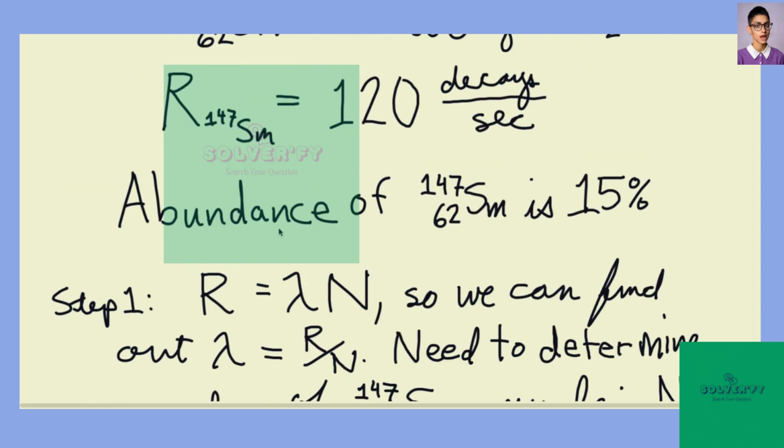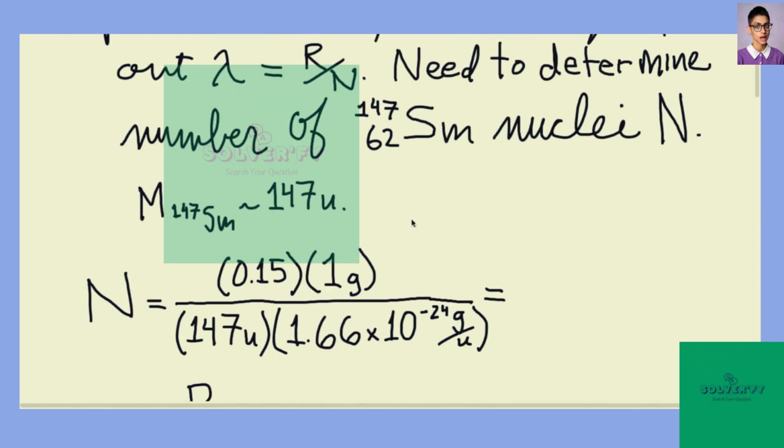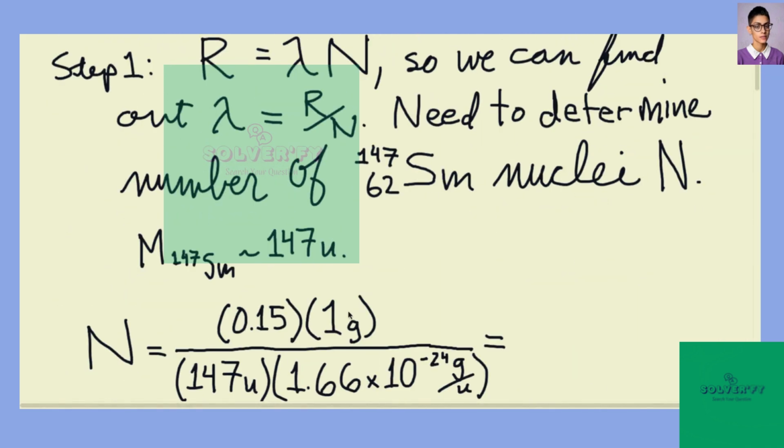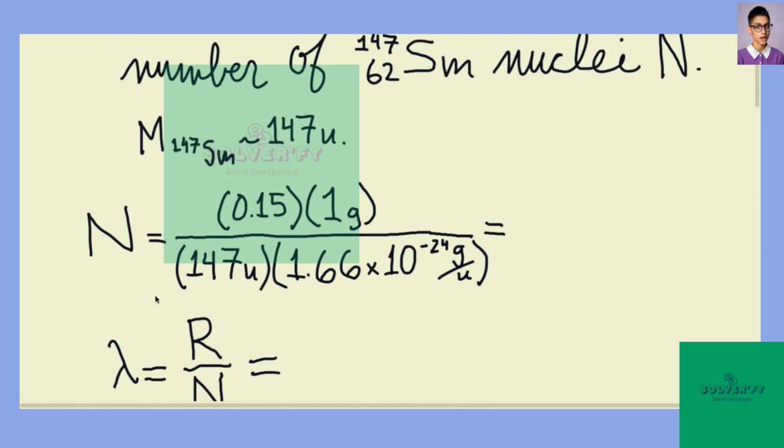We can enter in our 15% abundance times the 1 gram that we're asked to solve for. Both were pieces of information given in the problem.